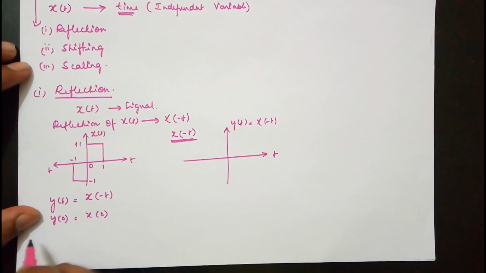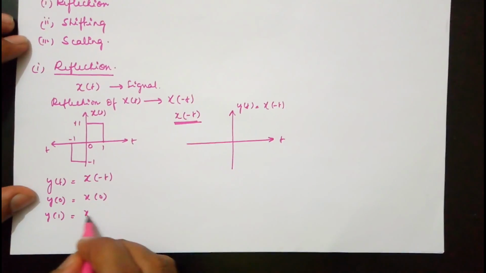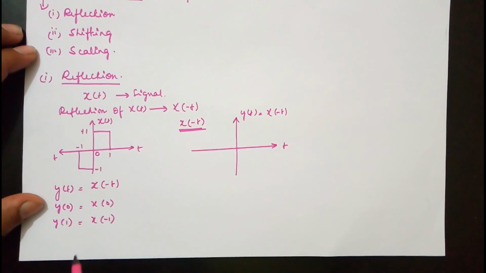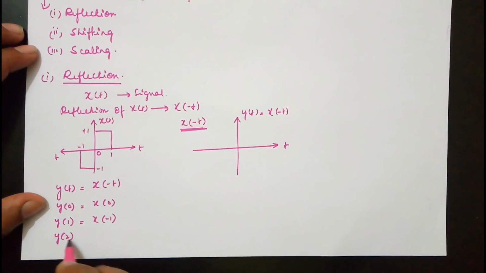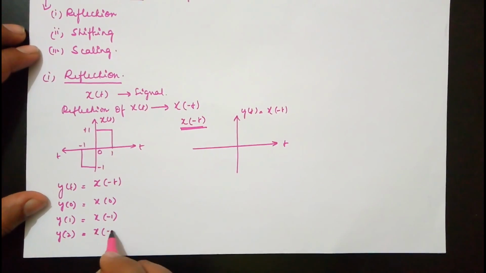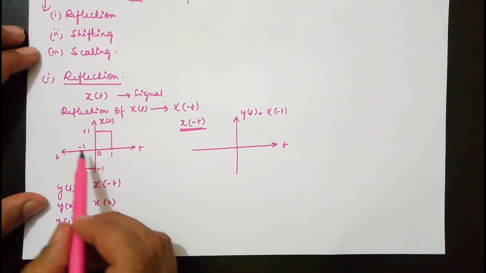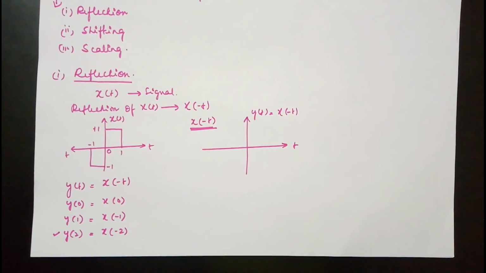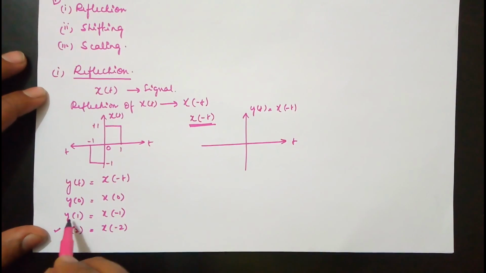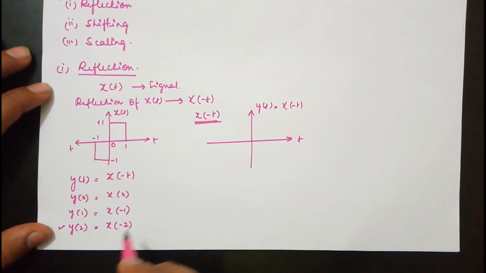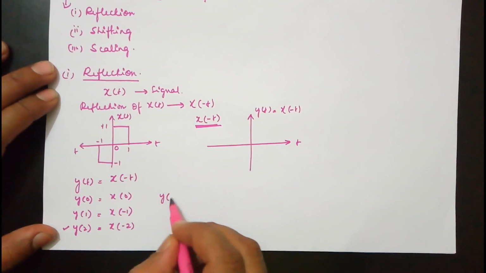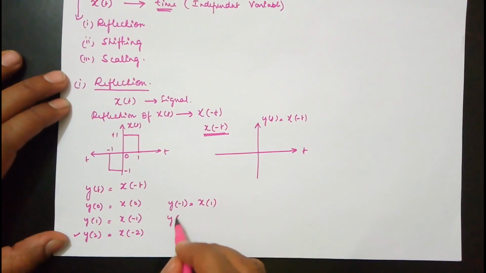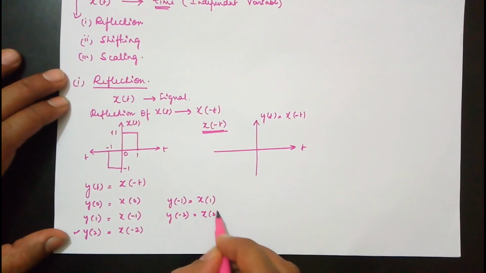Y of 1 is x of minus 1, because here I have minus t. Y of 2 is x of minus 2. But my signal is restricted from minus 1 to 1, so I need not take this into consideration. Now I have taken positive values for t, I'll take some negative values. So y of minus 1 will become x of 1 and y of minus 2 will become x of 2.